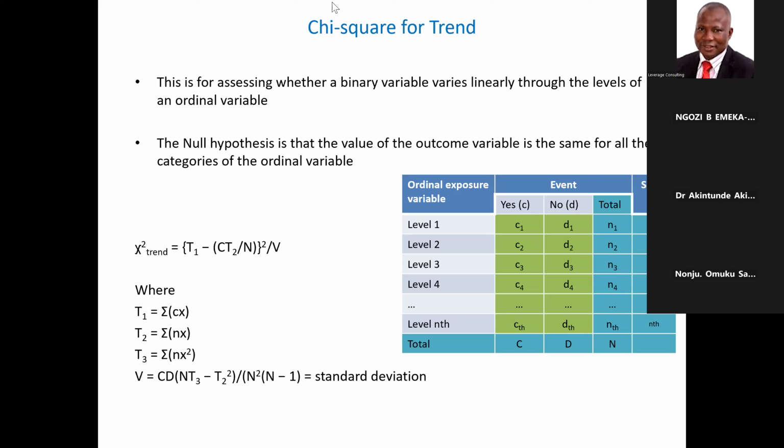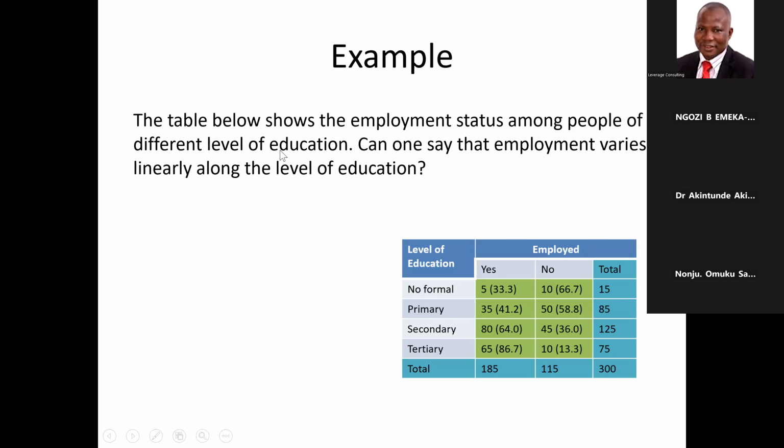Let me use the second one that has values in it. Look at the example. The table shows the employment status among people of different levels of education. Can one say that employment varies linearly along the level of education?